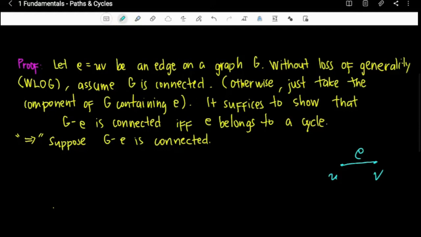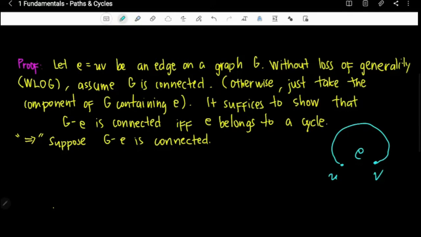Ang ibig sabihin nun, pag tinanggal natin yan, dapat ma-disconnect yung graph. So kung connected pa din yung graph, ibig sabihin, may cycle na nagko-contain sa kanya. Ibig sabihin, nako-connect pa rin siya in a different way, hindi diretsong UV. Tama? Kasi kung may cycle na nagko-contain sa kanya, connected pa rin siya.